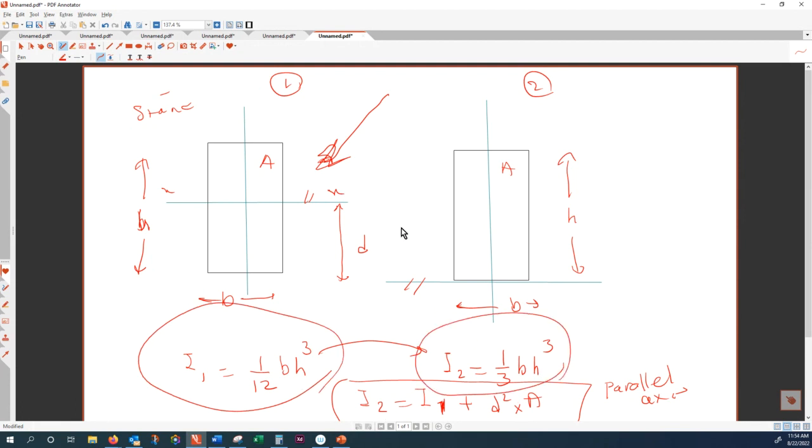How do you do it? All you need to know is the standard value, the distance between two parallel axes, and the area that is being shifted. So if you follow that equation, you customize your specific moment of inertia, not to be identical with that of the standard. All right.